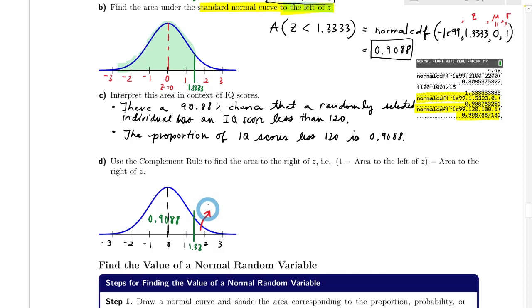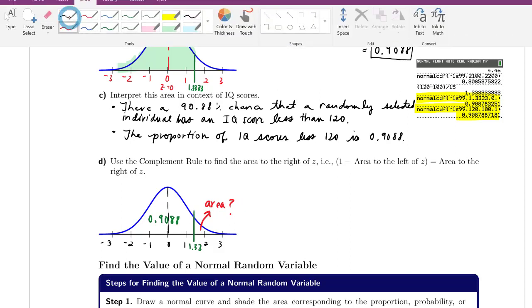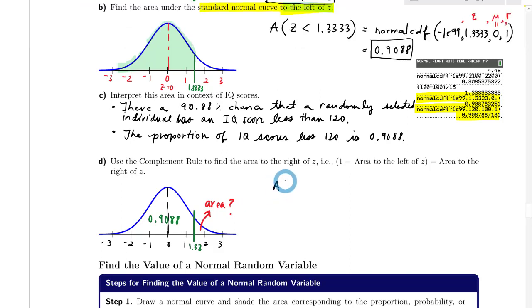Okay, well, let's write this out. The area of which the z-score is greater than 1.3333 is equal to 1 minus the area of the z-score that's less than 1.3333. Well, that was just 1 minus 0.9088, which is equal to 0.0912.